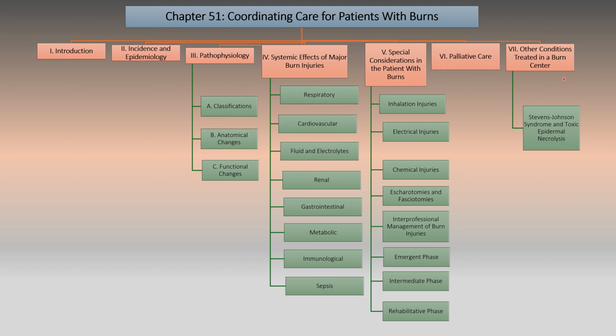Burn centers manage a variety of conditions that involve the integumentary system, underlying soft tissue and muscle, not just traditional burn injuries. Other treated conditions include necrotizing fasciitis, frostbite, and bullous pemphigoid.